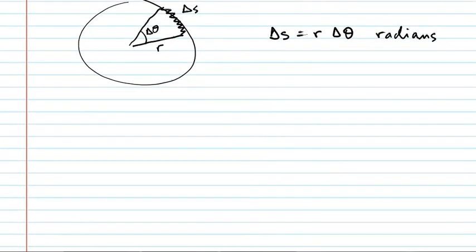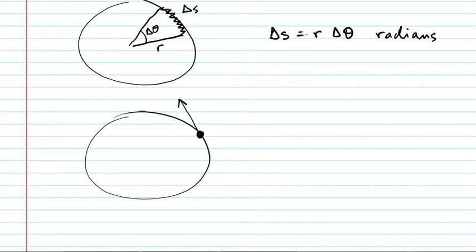Well, if we go just a little bit further, let's consider a circle and a point that's going around the circle. Now this point could be a single point within a larger potato-shaped object, or it could be the car going around the Saluda traffic circle.